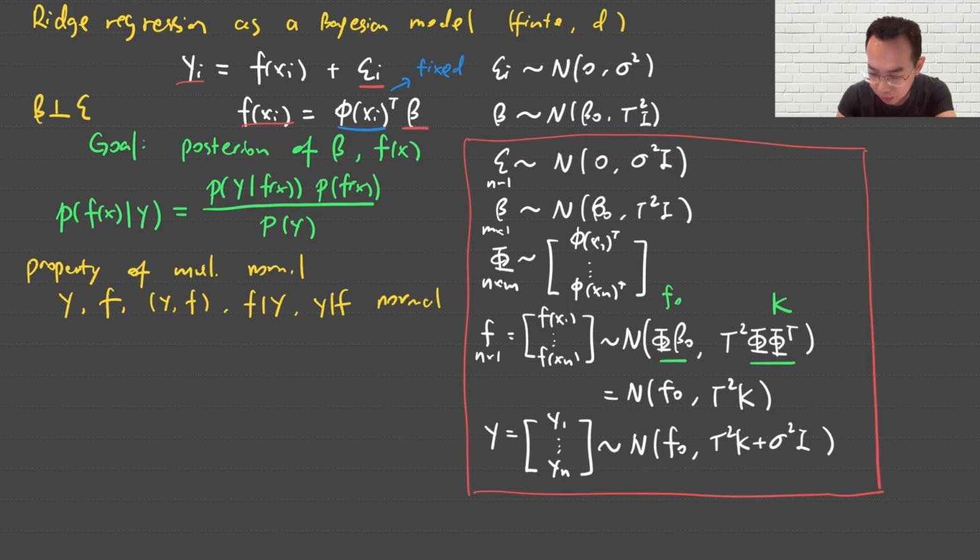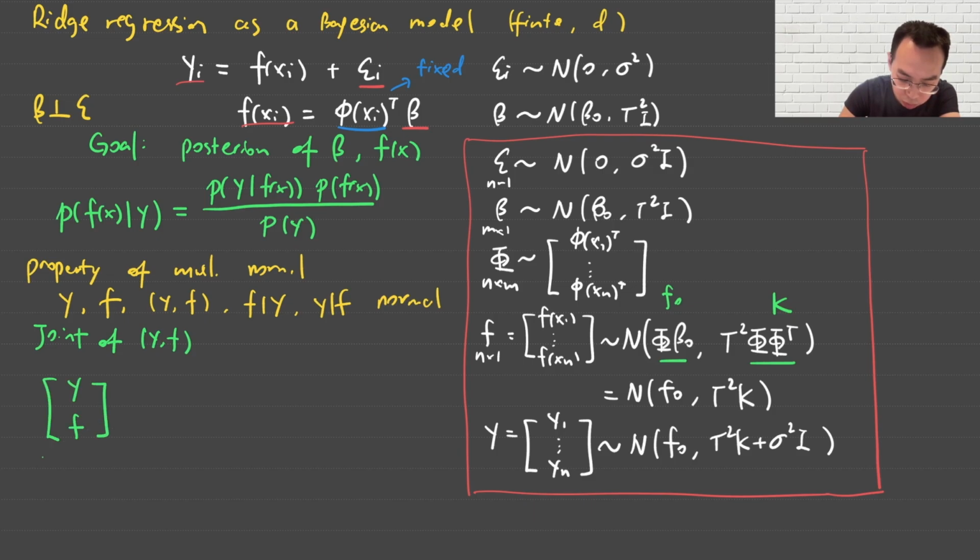Okay, so the next thing I can do is write down the joint distribution between y and f. So this is going to be a 2n times 1 vector, right?